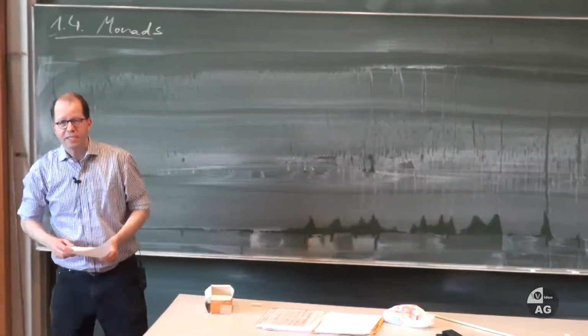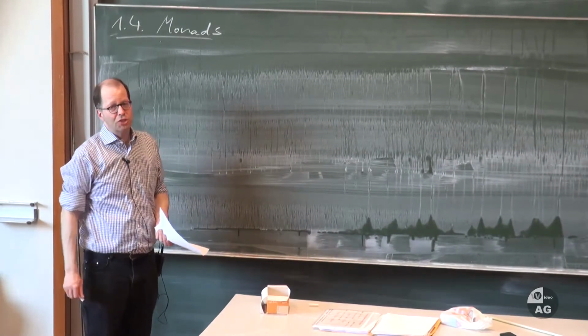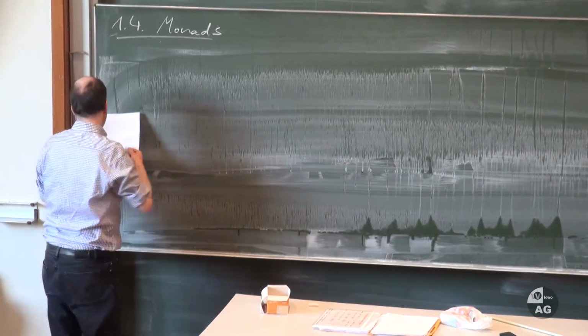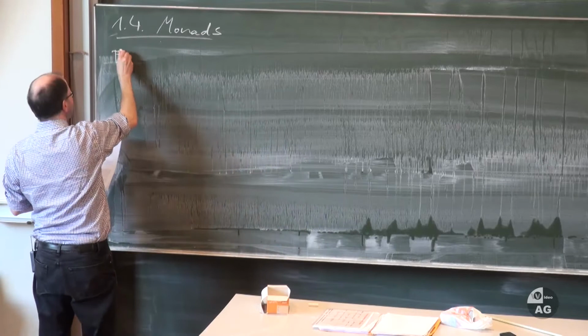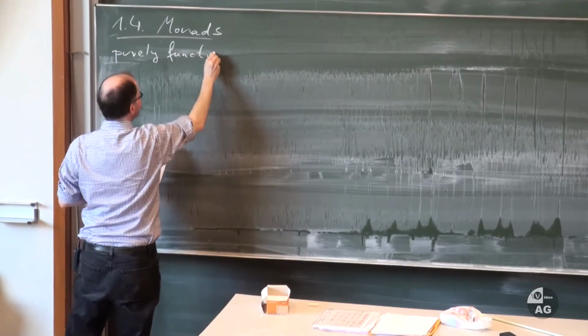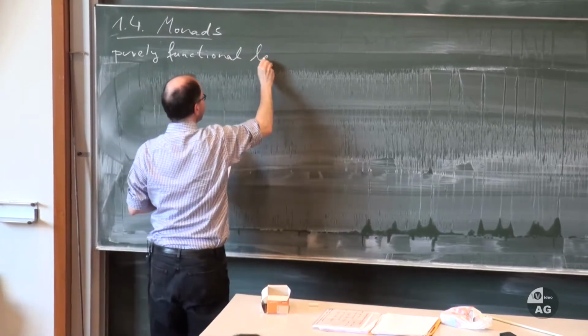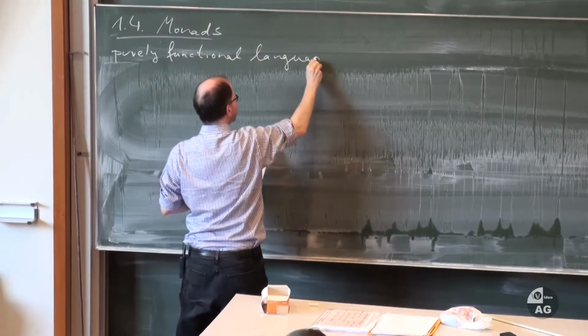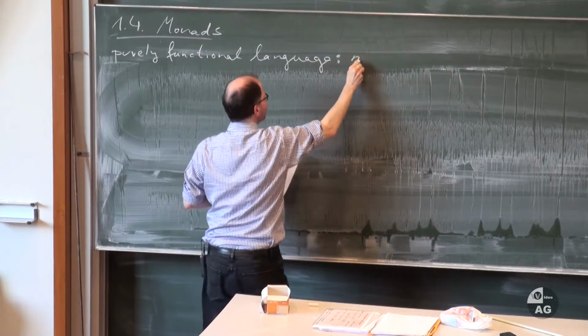Well, the problem is that Haskell is a purely functional language. So in a purely functional language, we have the problem that there should be no side effects. So we have no side effects.